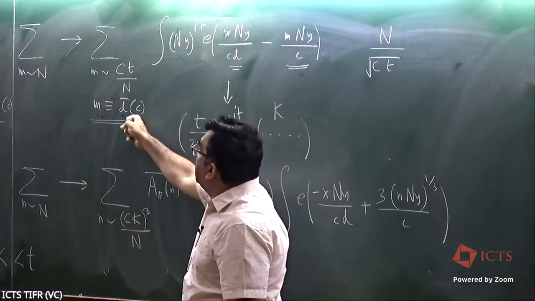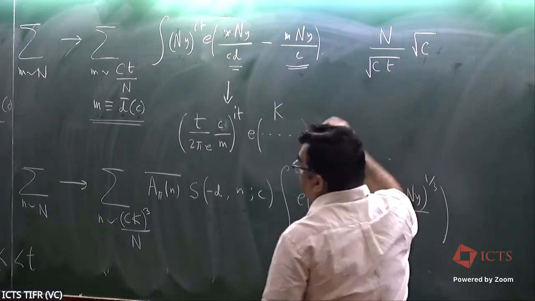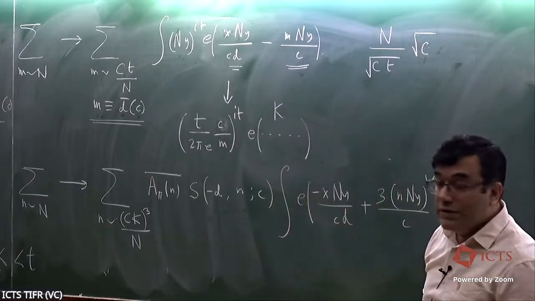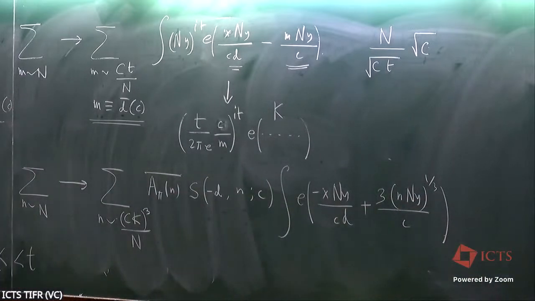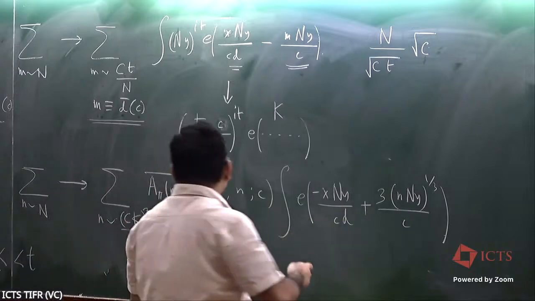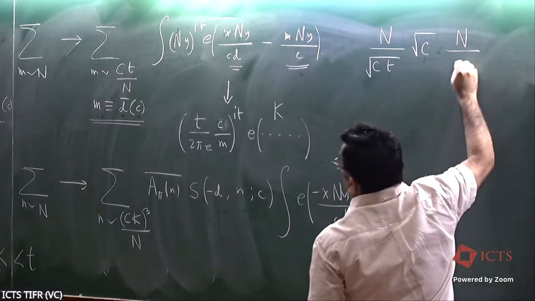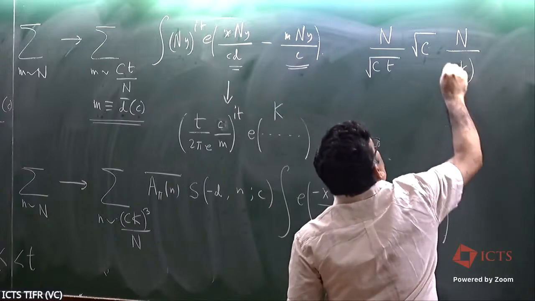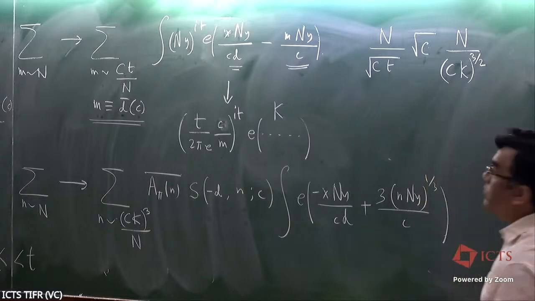But this gets determined, so there is an extra saving of square root of C. Okay? Because this is like we have done the sum over D. So that's my extra saving. How much have I saved over here? I have saved N by CK to the power 3 by 2. So CK to the power 3 was the conductor.